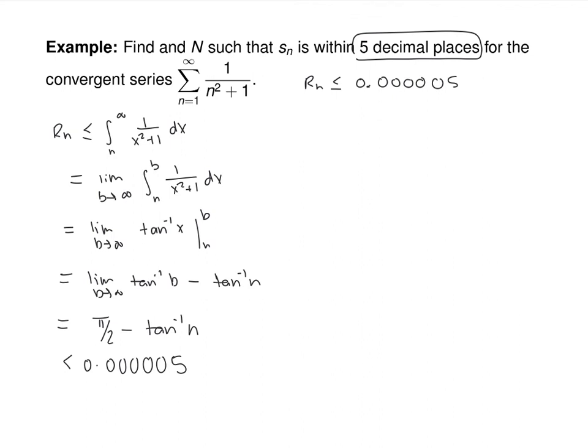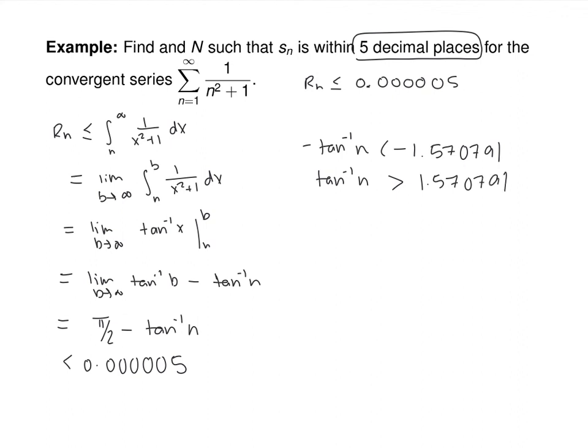So solving that, first I took away the pi halves, and I have negative inverse tangent of n is less than, of course I approximated, negative 1.570791. Then I divided by negative 1 and got that inverse tangent of n is bigger than 1.570791.